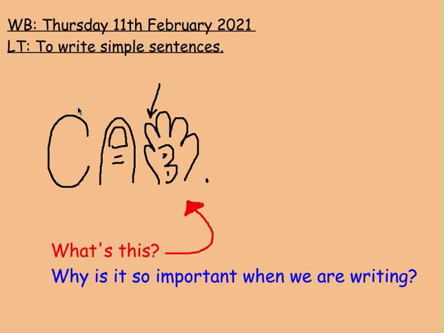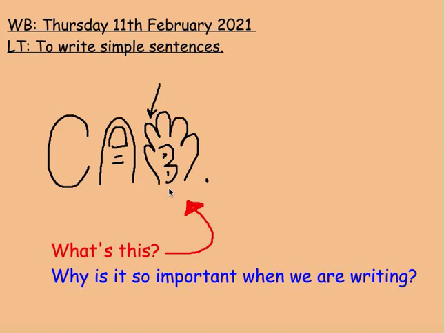So, this first part is a capital letter. That's what that letter C stands for. It stands for capital letter. This means finger spaces. And this, the sort of hand with an ear in the middle, seems a bit strange, doesn't it? And an arrow pointing to the fingers.